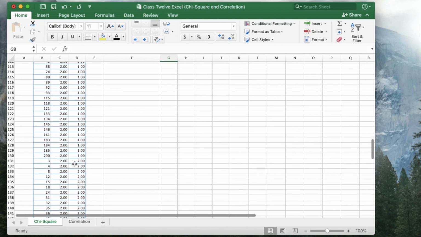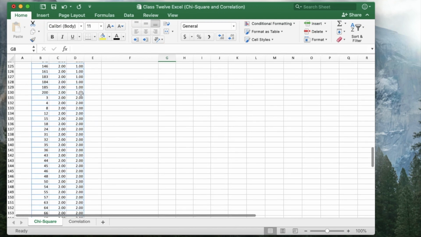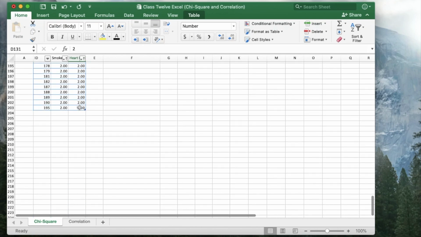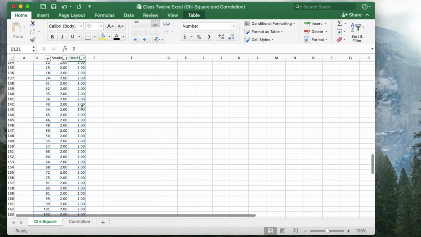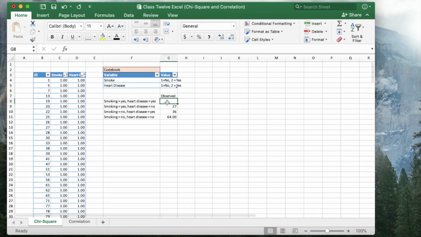We go down and we can see that they start right here at 131 and go all the way down to 203. So then here we have 73 cases of people that both smoke and have heart disease.